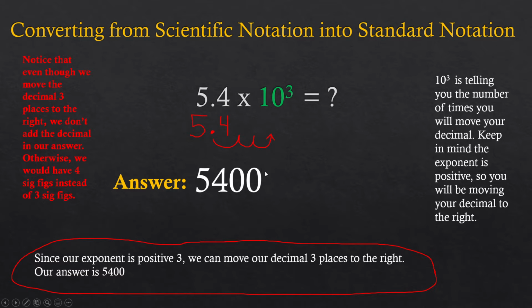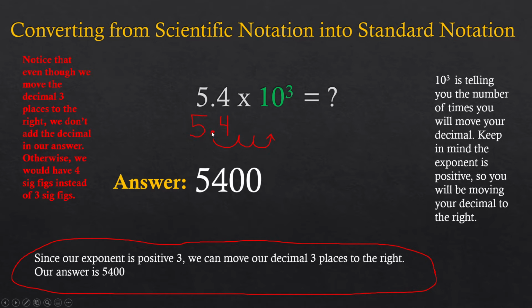So in order for us to know how to move the decimal, we have to look at the power. This is 10 to the power of 3. So this right here is showing you to move your decimal 3 times to the right side. If it was negative, then we would be moving the decimal to the left side 3 times.